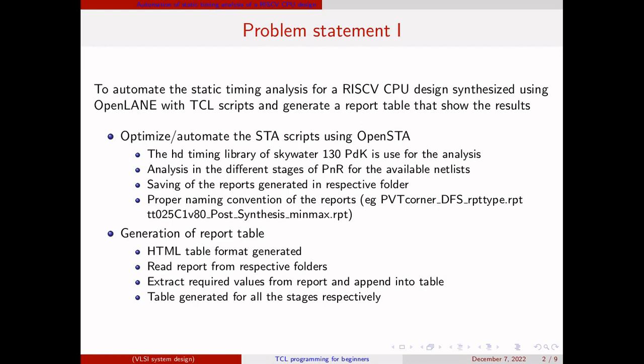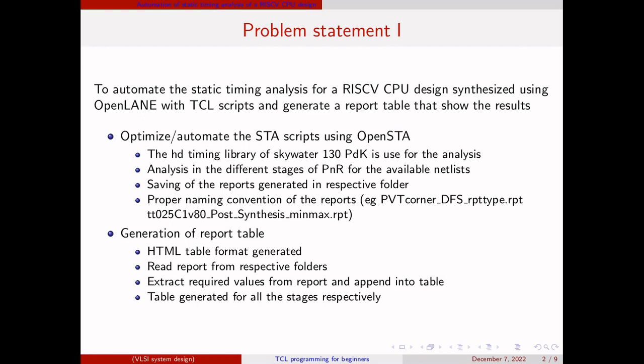I'll be showing a snippet of the table which I had already extracted. Then we extract the required values from the report and append them into the table. The table will be generated for all the stages: one table for the post synthesis stage, one for the post CTS stage, and one for the post layout stage.